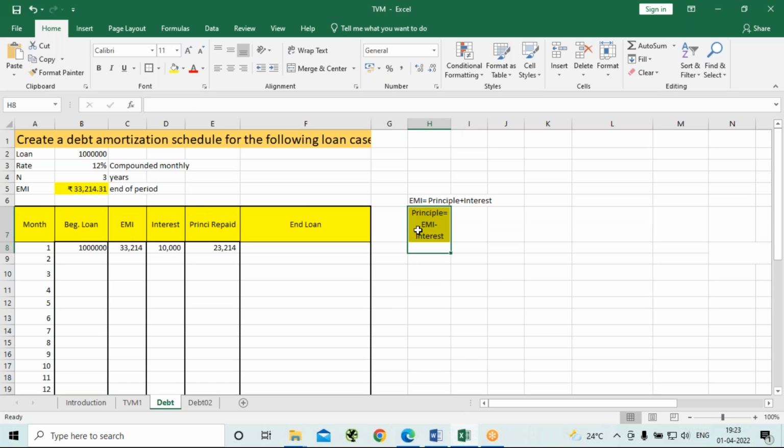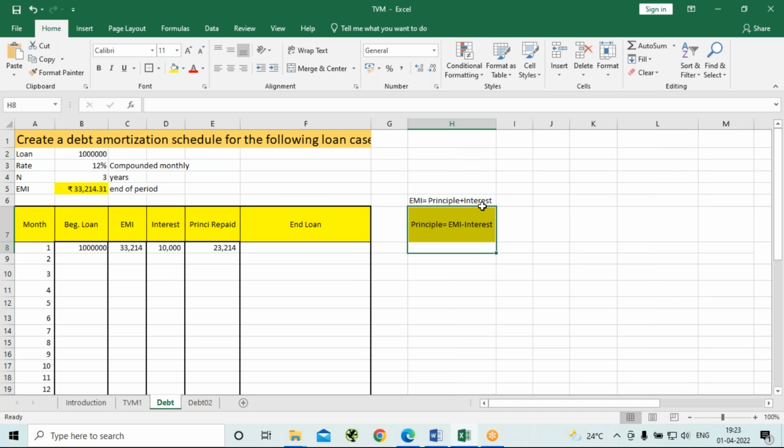And the interest will be of that year's principal into rate divided by 12.